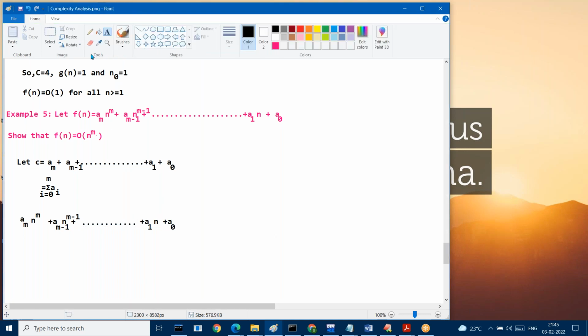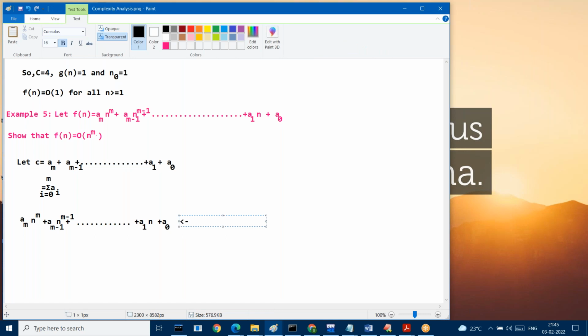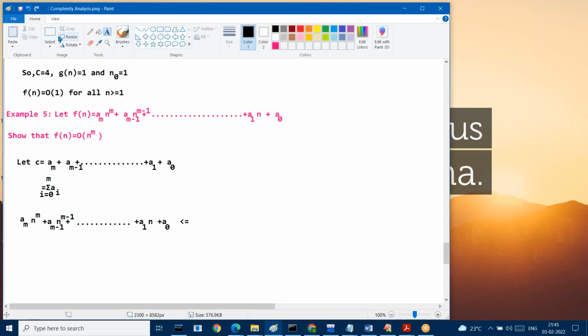Now this total thing, guys, what I can say about this thing will be definitely less or equal to, observe carefully, I'm writing those constants. What are the constants?